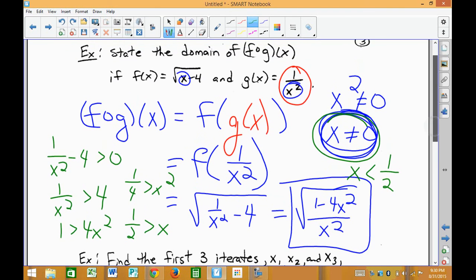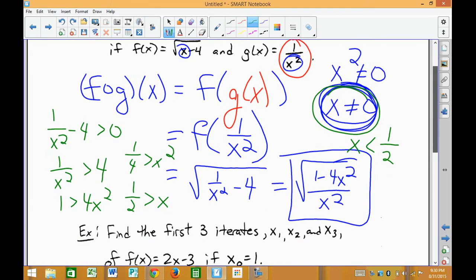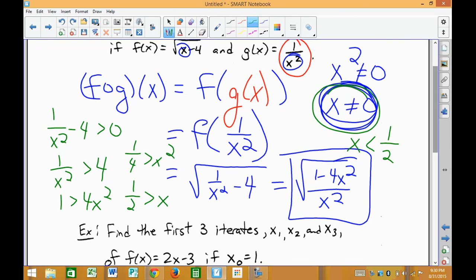So, what's the domain? The domain comes from x can't be 0, and x has to be less than 1/2. So, that's all we're going to say. We're going to say there's no nice way to write that.